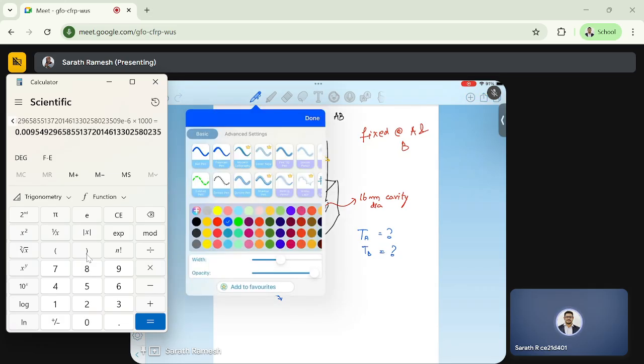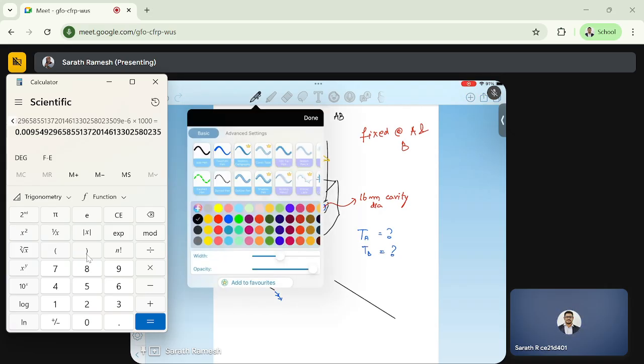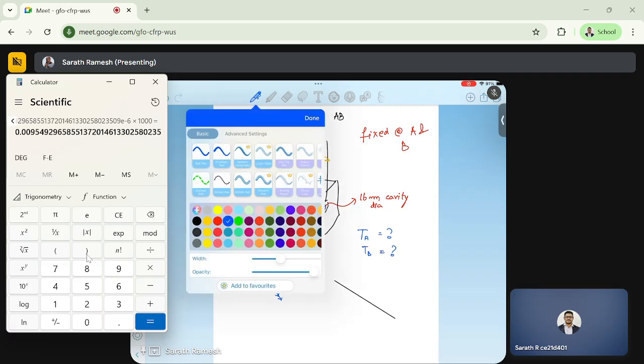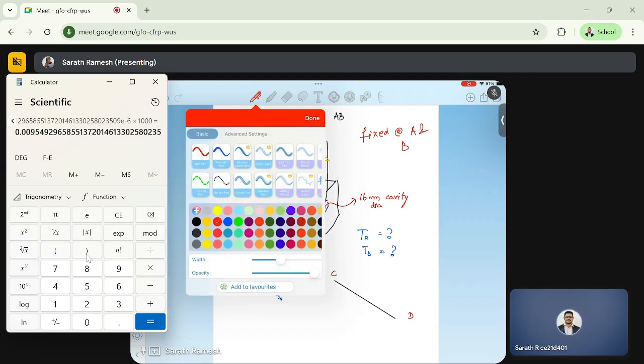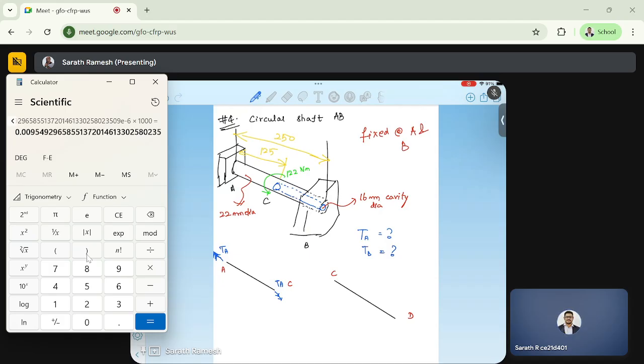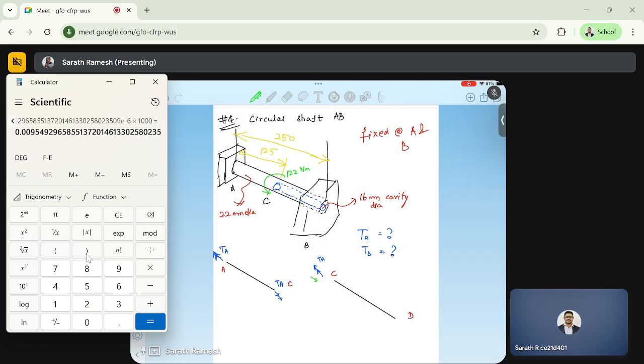Now from C to B, this is A, C, C, B. In this direction TA will be there as it is, but there is some external torque in this direction, right?